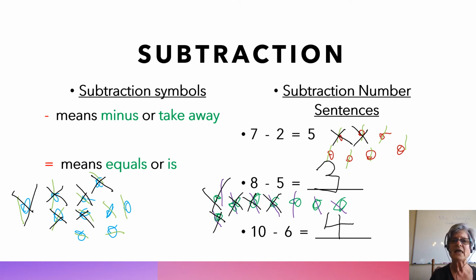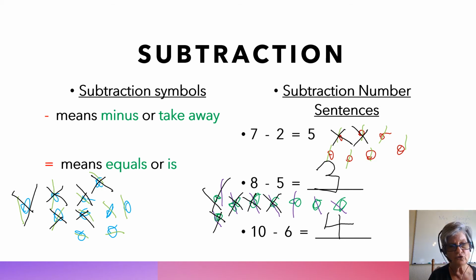Now, let's go to the last number sentence. It says 10 minus 6 equals 4. And I can look over to the left and I can see I have drawn 10 circles. 1, 2, 3, 4, 5, 6, 7, 8, 9, 10.